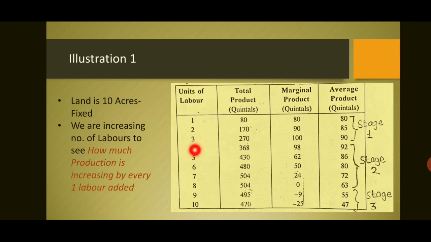As we increased one more unit of labor, our production is increased by 100 quintals. So our total production is increased by 100 quintals. But at the point we are going to increase one labor more, what we will get? The increase in production by only 98 units.